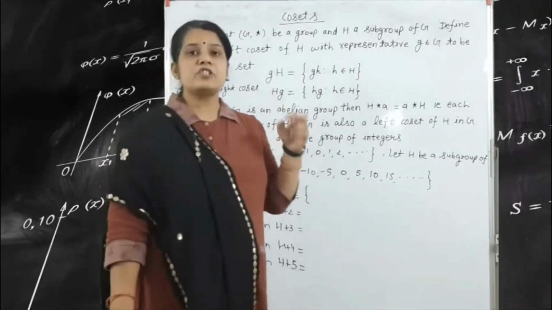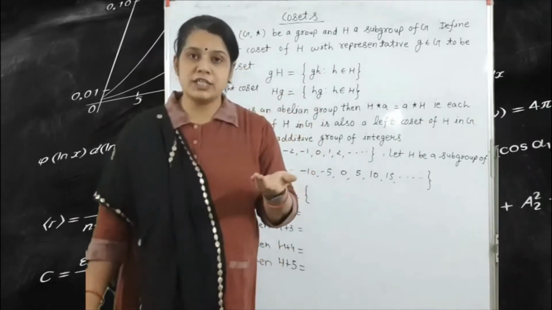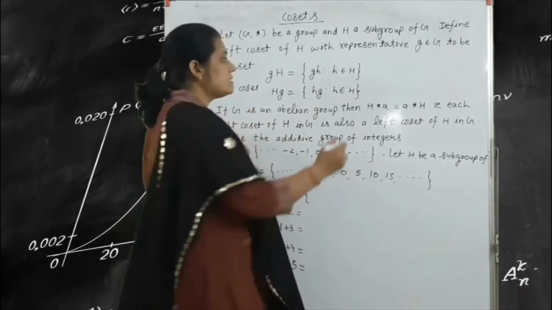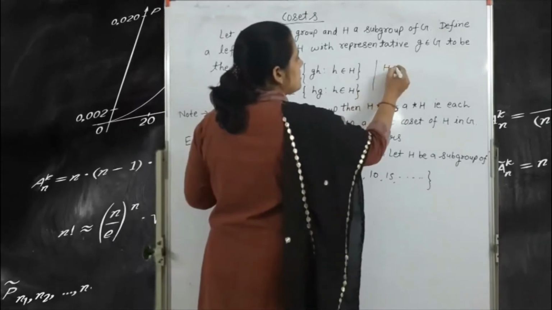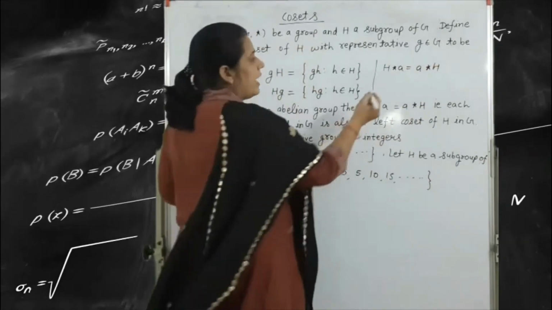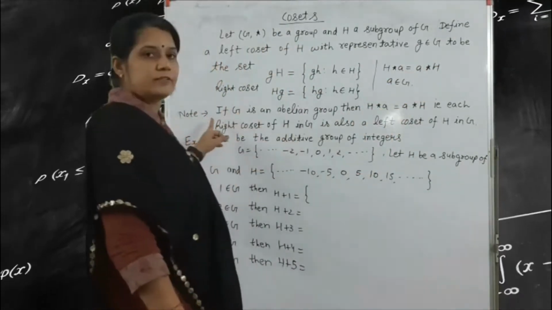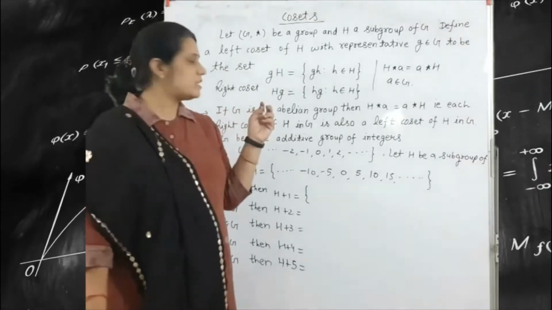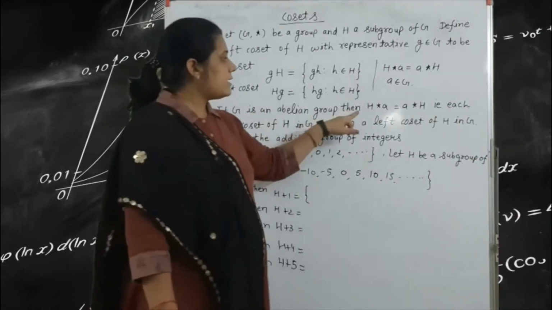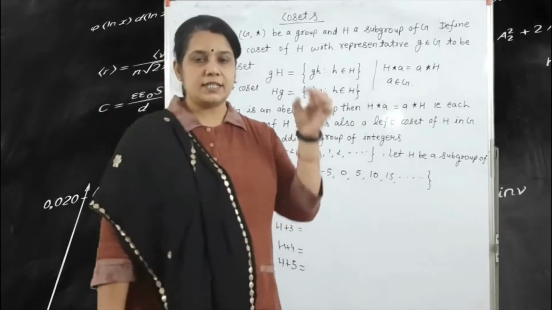If G is an abelian group and H is a subgroup of G, then the left coset and the right coset both are equal. That means we can say that H star a is equal to a star H, where a belongs to capital G. Here is the remark: notice that if capital G is an abelian group, then H star a is equal to a star H, where star means any operator given in your question.